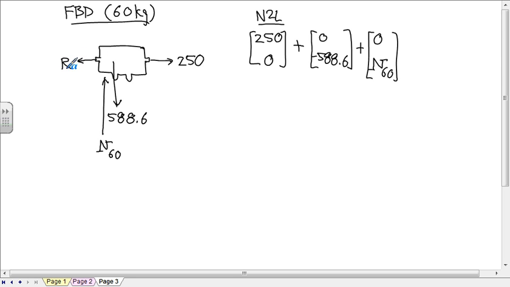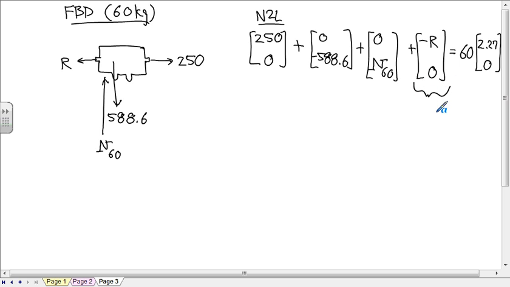Yep, it's pointing in the negative x direction, so this is going to be negative R, 0. That's equal to 60 times the acceleration vector, 2.270. And what we're trying to find is this vector, the force on the 60 by the 50.